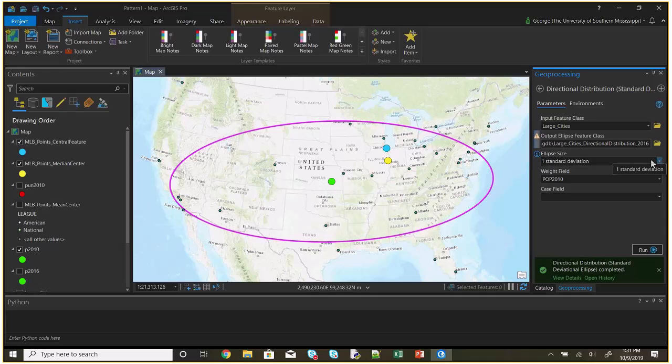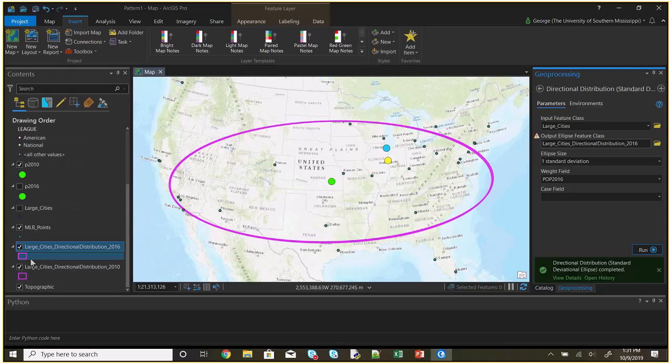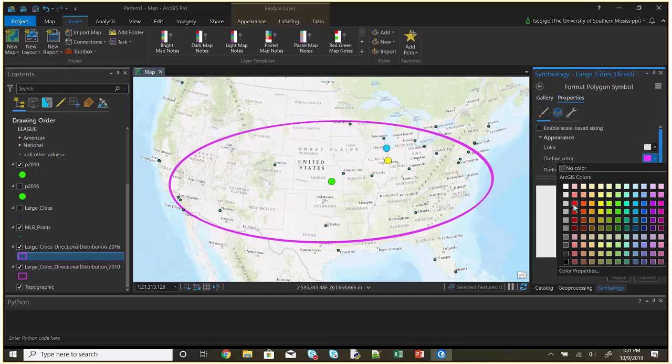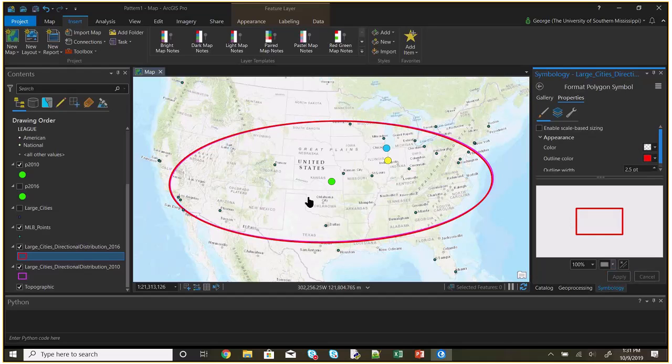So let's see what it looks like in 2016. It probably won't look too much different, but I can actually see the difference in the area. Let's make them a different color. The 2016 will be red.